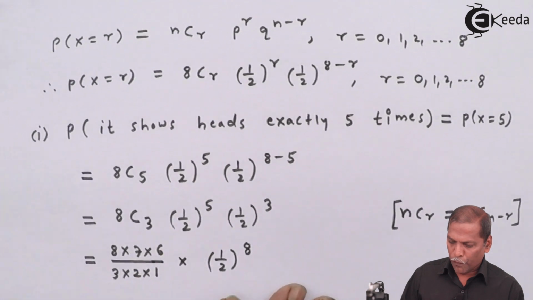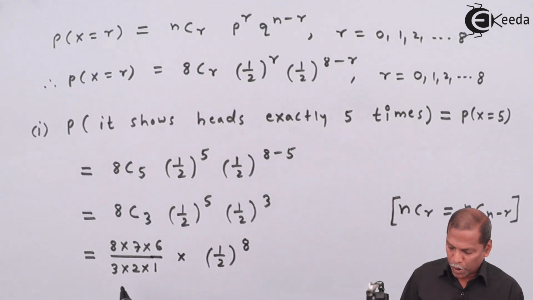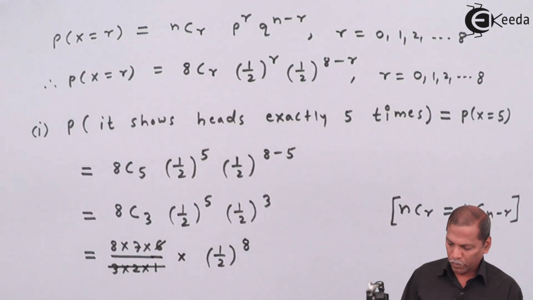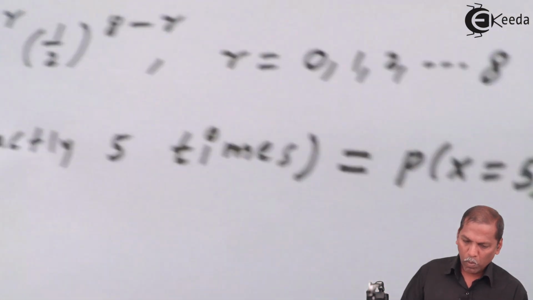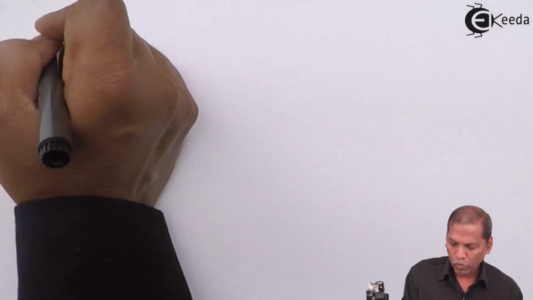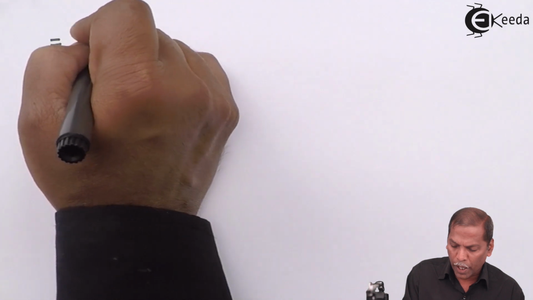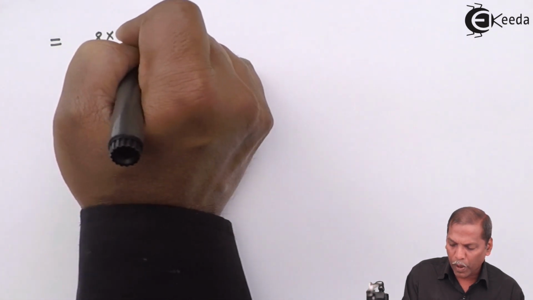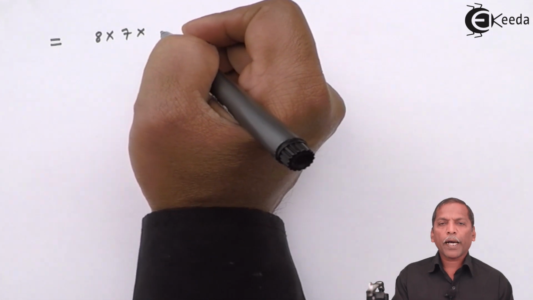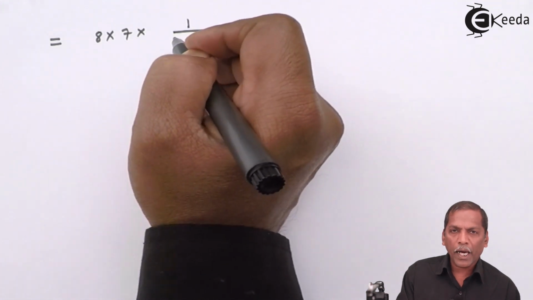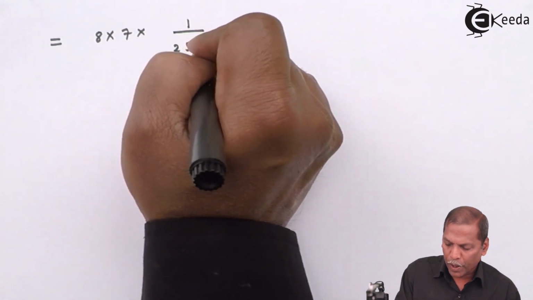Now if we go for cancellation, 3 into 2 into 1 gives 6, and we cancel 6 from the numerator. So the next step, we are left with 8 into 7 into 1 upon 2 raised to 8. 1 raised to 8 gives 1, and 2 raised to 8 we get 256.